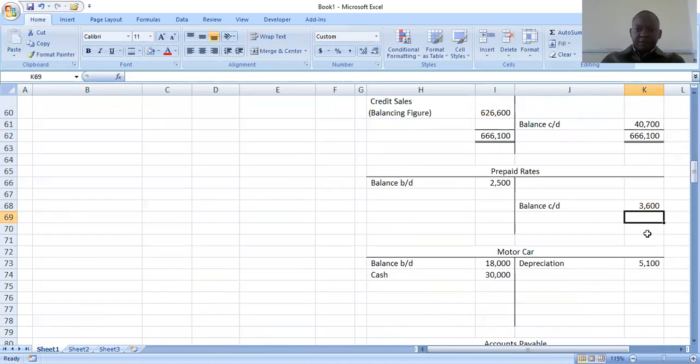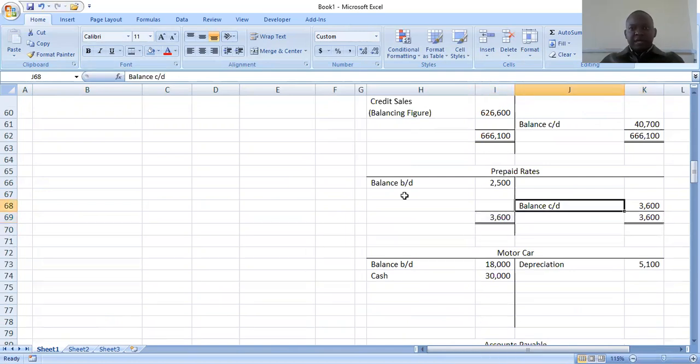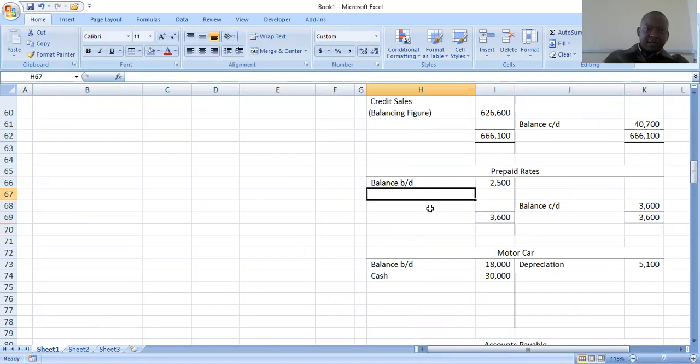3,600 for prepaid rates. So the total of both sides should be, now we take the heavier total. So it's 3,600. So the debit side of the prepaid rates is less.